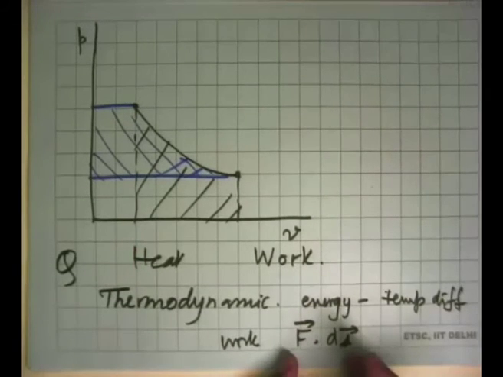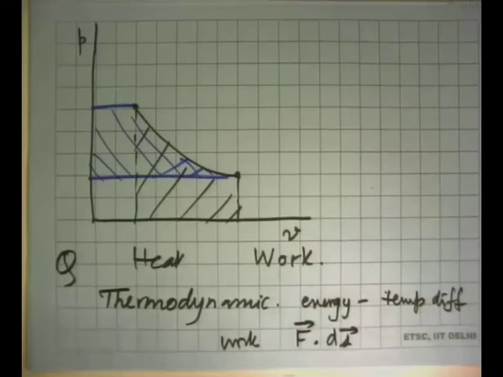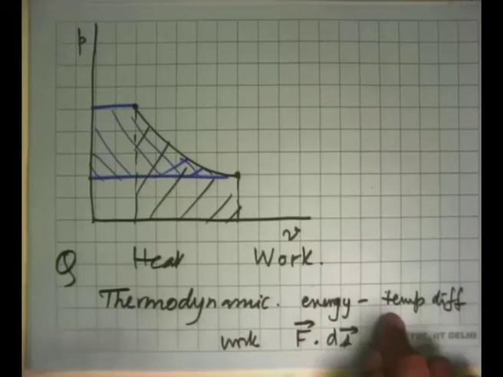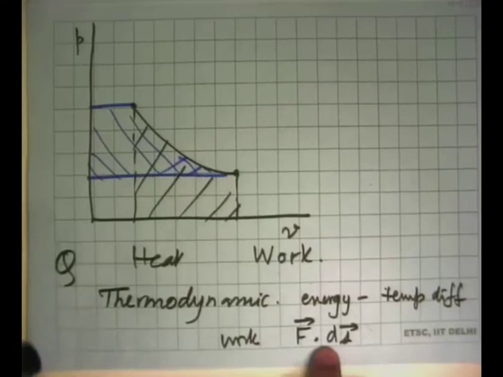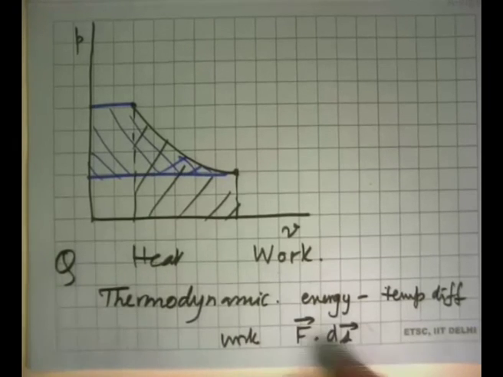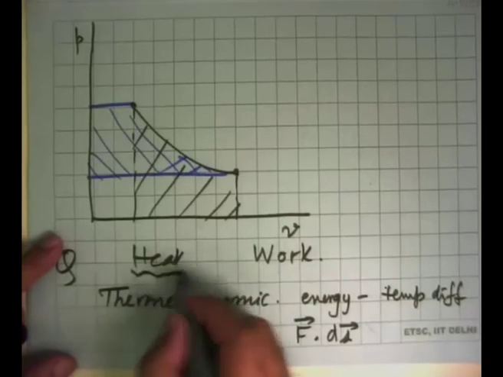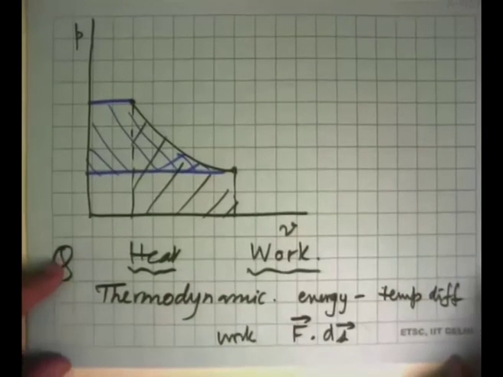So this is the most general form of definition of work, and you can say that any form of energy other than heat is work. Electricity is work because we have charge flowing across a potential difference, F dot ds applies. Same with magnets, same with stretching of a wire or a rubber band or compressing something, all of that is F dot ds. So that is the fundamental thing without which this whole analysis will get nowhere.